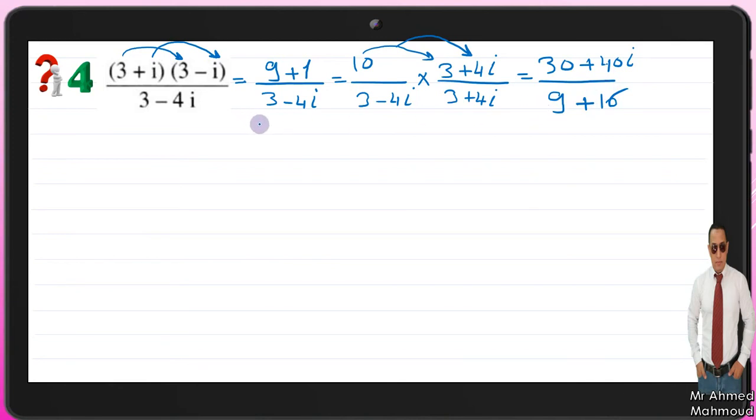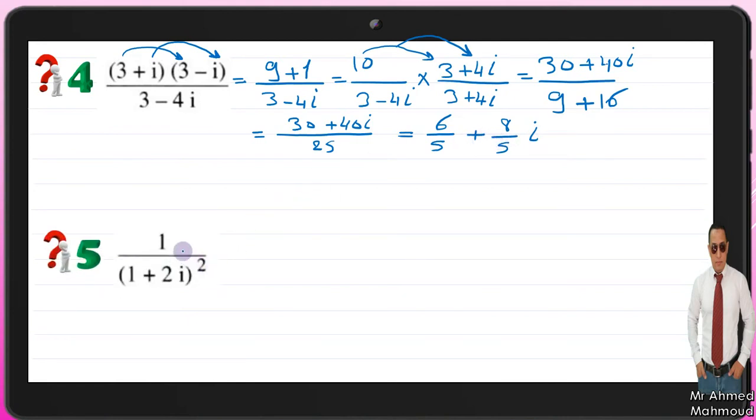Okay, it will be 30 plus 40i over 25. It will be 30 over 25 equals 6 over 5, plus 40 over 25 equals 8 over 5 i.